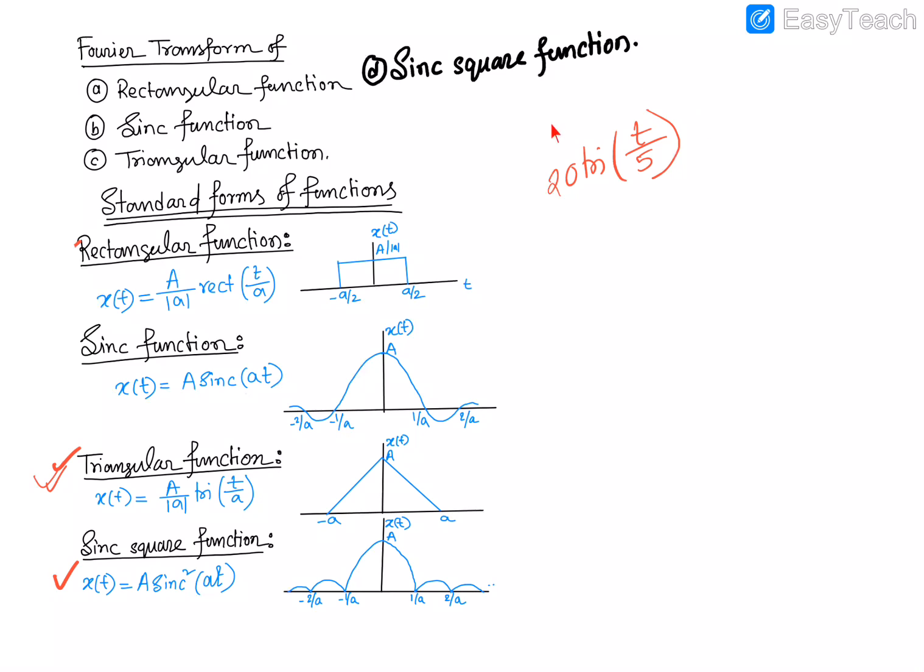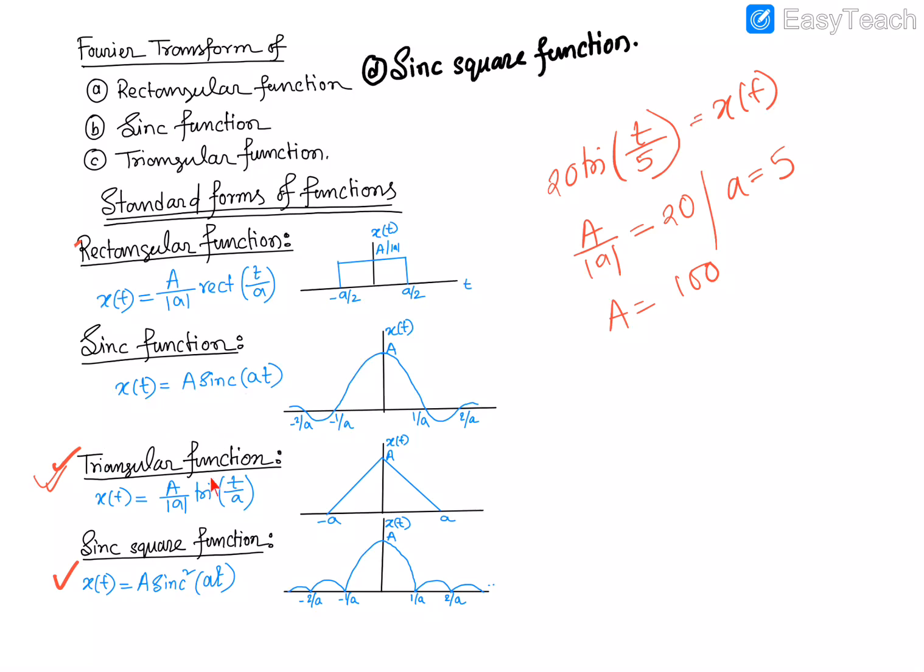This is equal to your x(t), that is in time domain. If you compare this function with the standard function, you will get A by mod a equals 20, and your small a is 5. So your capital A is 5 into 20, that is equals to 100.